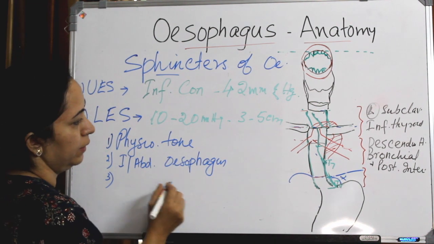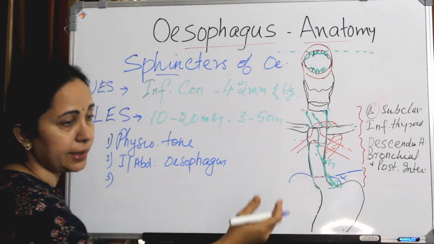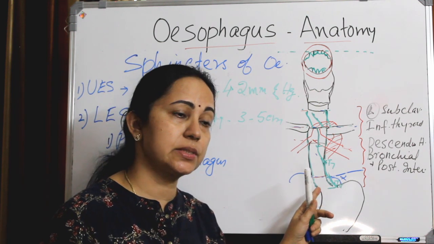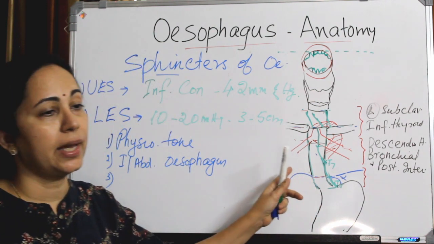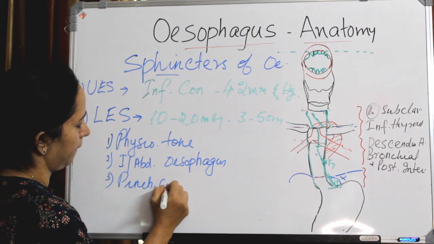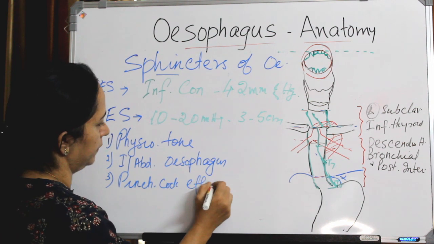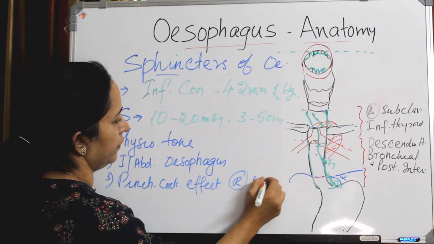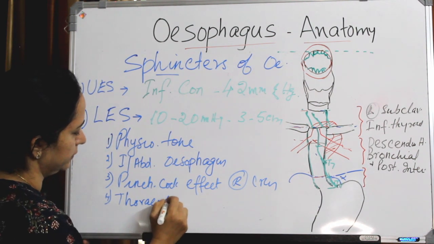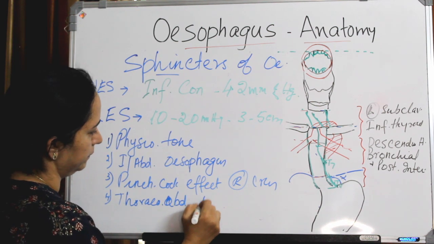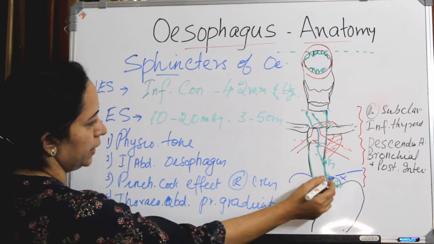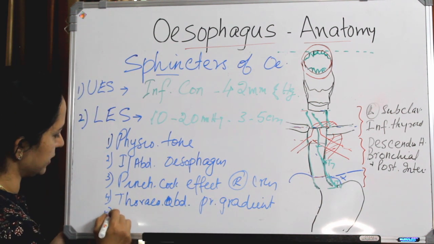Then the pinch cock effect of the right crus of the diaphragm, since the lower esophageal sphincter is formed by the encircling fibers of the right crus. Then the thoraco-abdominal pressure gradient, then the angle of His, that is the esophago-gastric angle.